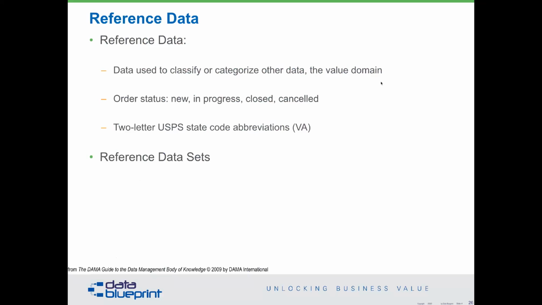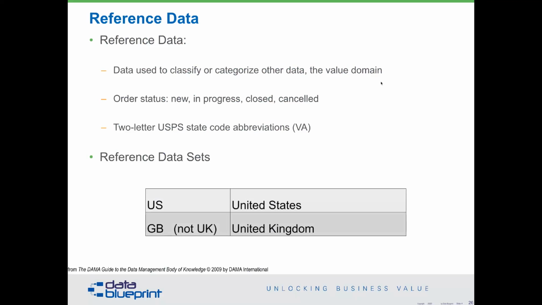Let's get a little more practical. Let's pretend that we're doing business between the United States and the United Kingdom. Many people will abbreviate the United Kingdom as UK. After all, it seems like a good abbreviation.